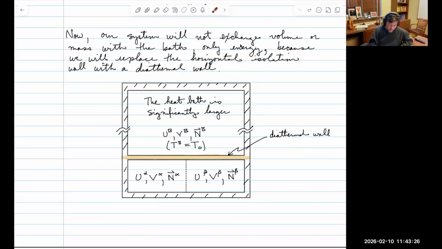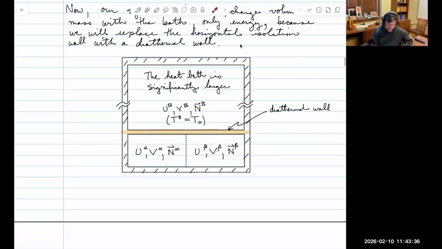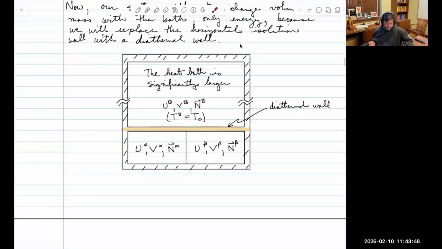So our system will not exchange volume or mass with the bath. Only energy gets exchanged, and that's because we've used this diathermal wall. There's no wall between these two subsystems, alpha and beta, so they can freely exchange energy, volume, and matter.